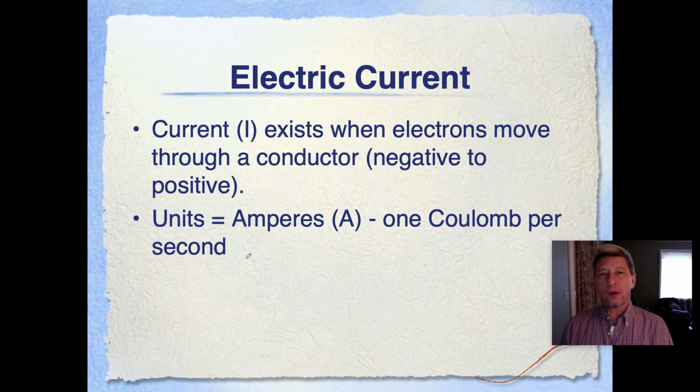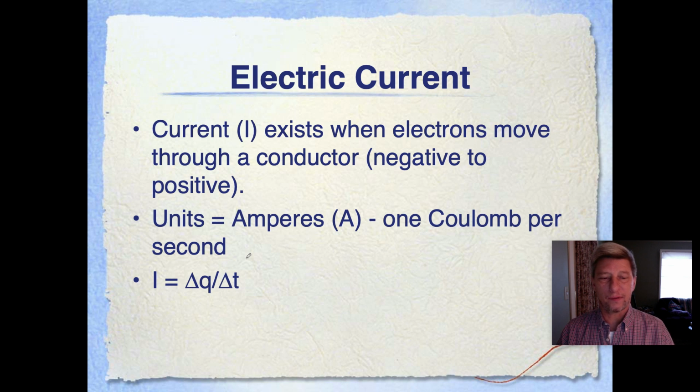So electric current, which is symbolized weirdly enough with a capital I, exists when electrons move through a conductor. And they always move from where they are, the negative end, to where they ain't, which is obviously the positive end, because of course negative charges are attracted to a positive charge.